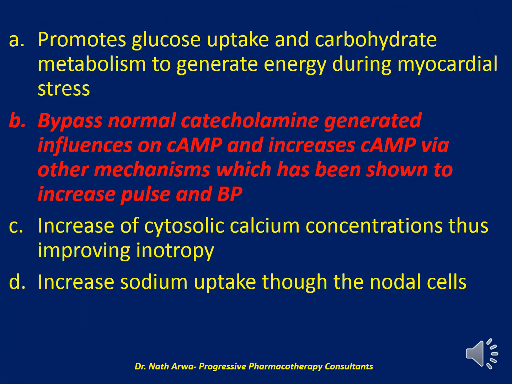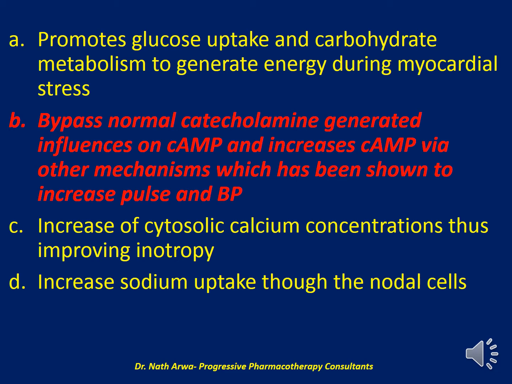So B is the correct answer. I'd like to start by saying that glucagon may bypass normal catecholamine generated influences on cyclic AMP, and it also increases cyclic AMP via other mechanisms which have been shown to increase pulse and blood pressure in calcium channel blocker toxicity. Remember, they cause severe hypotension.